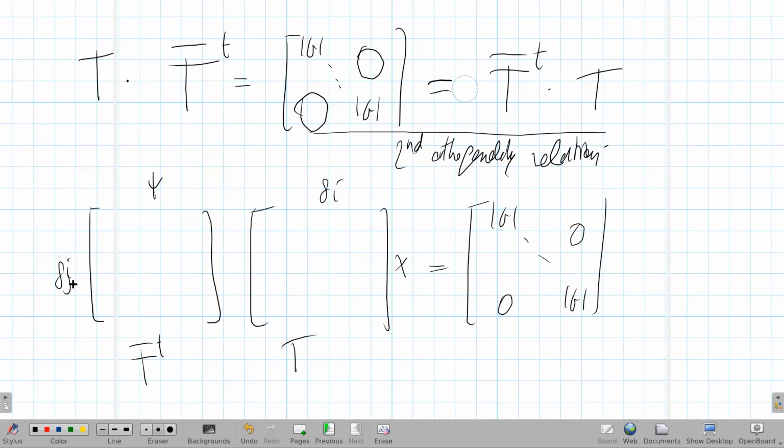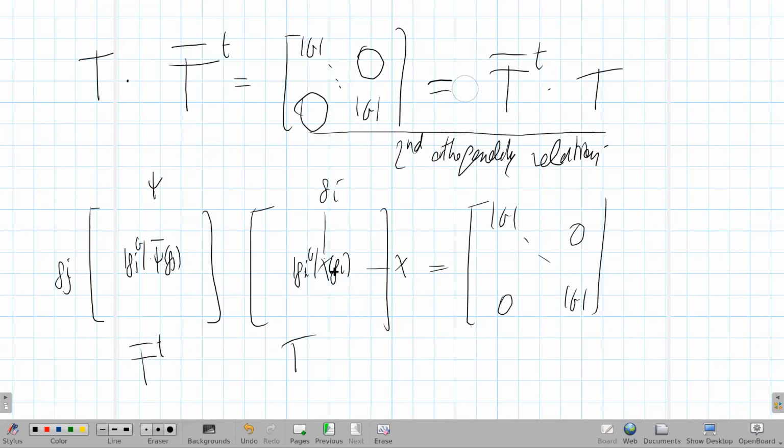In this position you have the size of Gj times psi conjugate of Gj, and in this position you have the size of Gi times the value of the character chi on Gi.